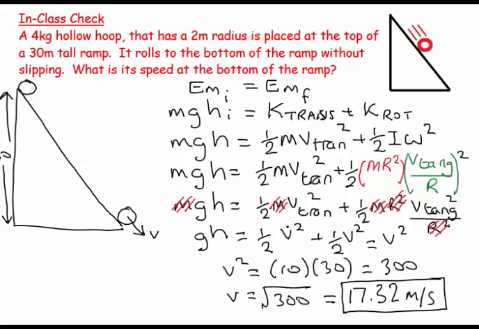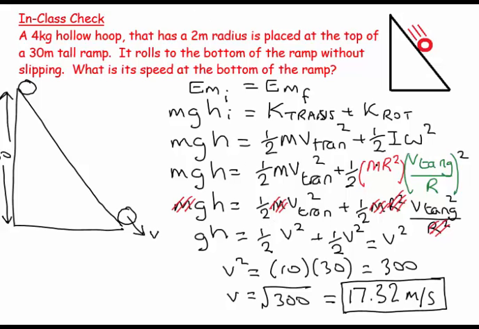This is a typical rolling motion problem. We recognize that the mechanical energy at the initial position is equal to the mechanical energy at the final position. We were able to express this in terms of our gravitational potential energy, our translational kinetic energy, and our rotational kinetic energy.